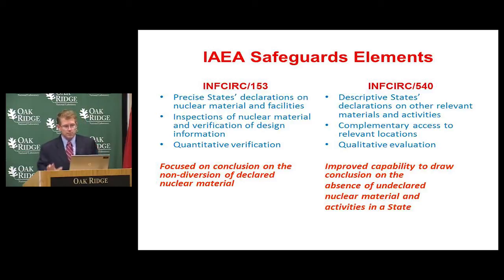This was one of the primary tools that the agency used in designing its safeguards approach for many years until the discovery in the early 1990s, nearly 20 years later, that one member state, Iraq, had been conducting undeclared activities within their country.